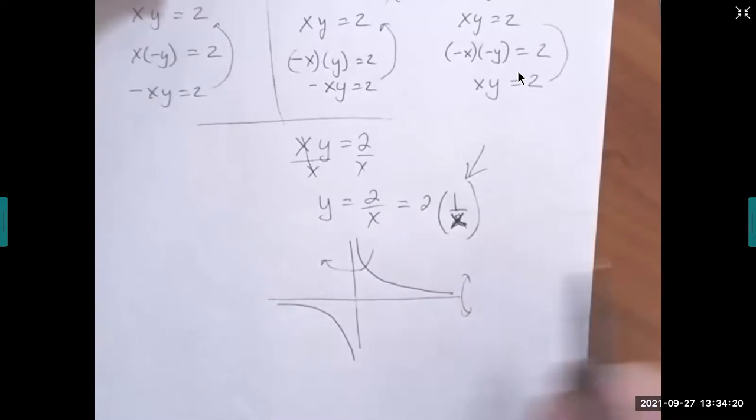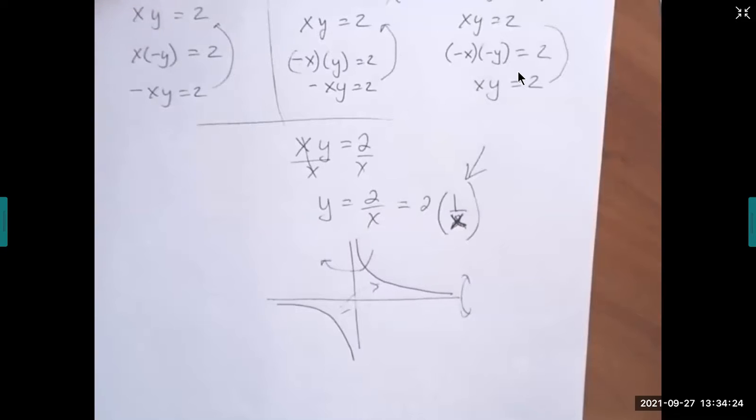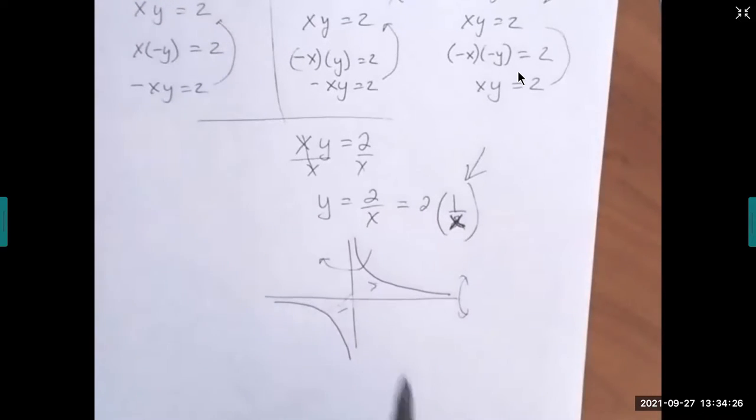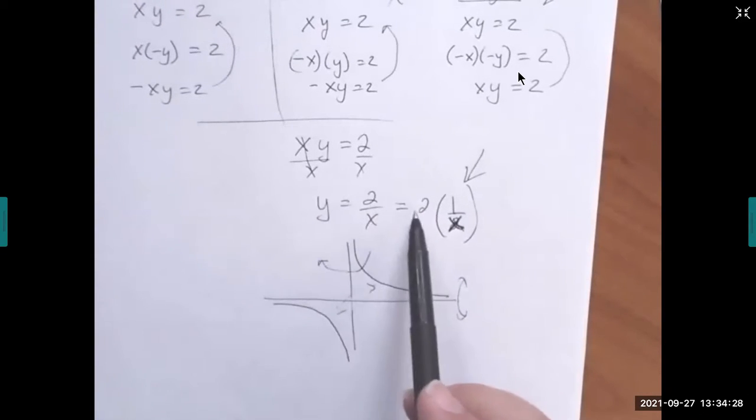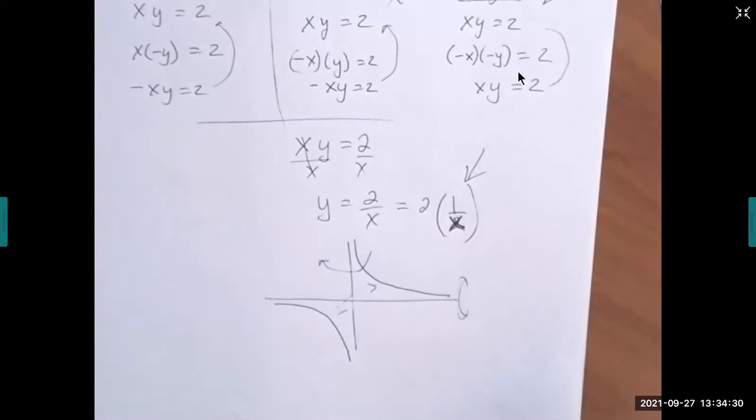No. How about the origin? Yes. We could have, just by seeing this equation here, no math being done, determined what those symmetries would look like. So yes, it's symmetric about the origin.